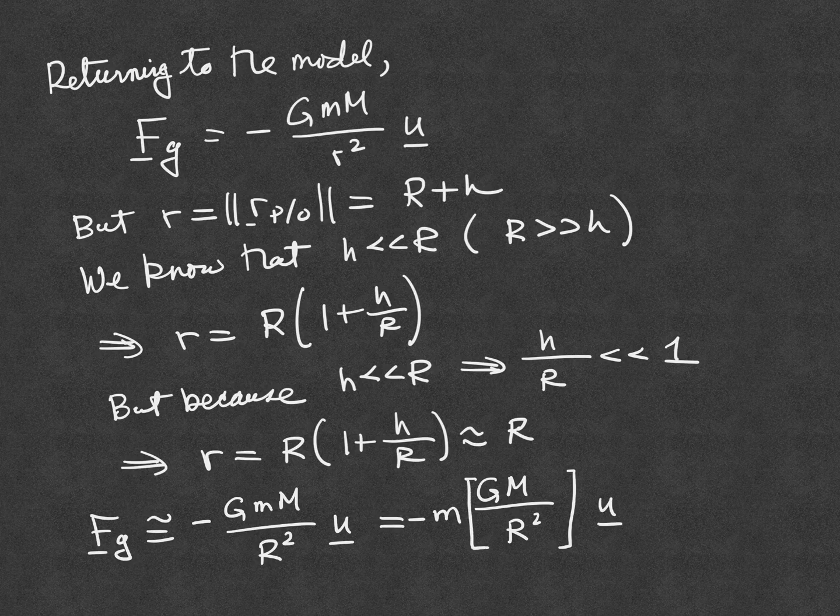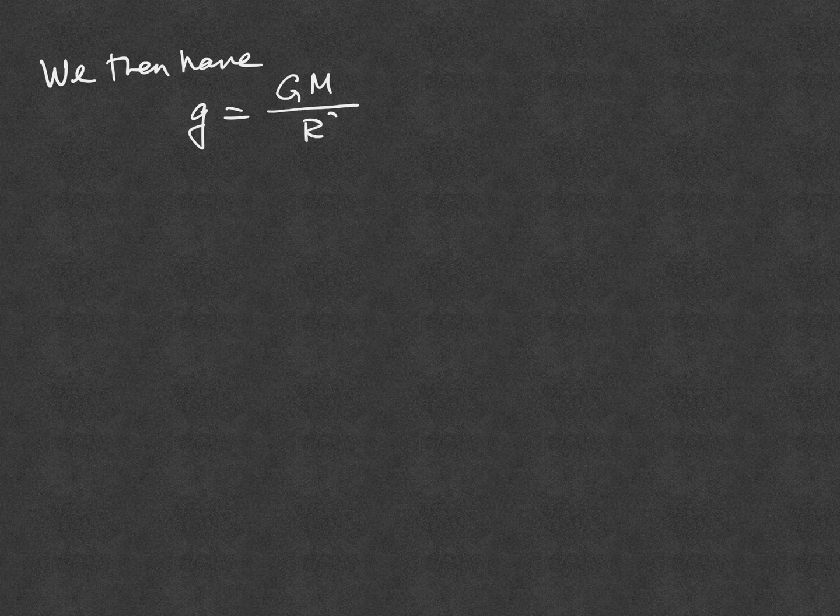Now this constant G times M over R squared is the interesting part. That quantity is actually what's called little g, and it's the local acceleration due to gravity. So this becomes minus m g times u. So note that this is an approximation, and the approximation now works as follows. We then have g is equal to G times big M all divided by R squared.